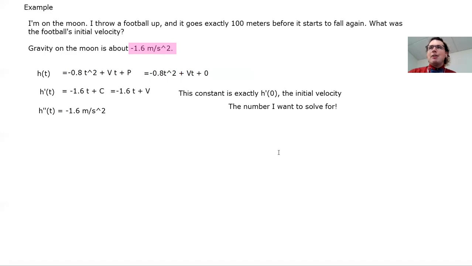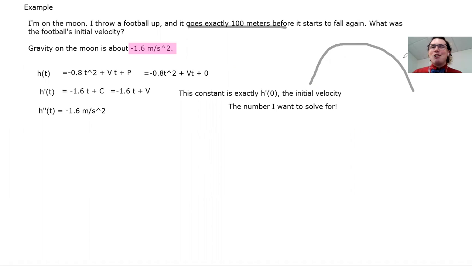However, I know that this position function, this height function, is a quadratic. And I know what quadratics look like. I have some downwards facing parabola, and I know its maximum value.